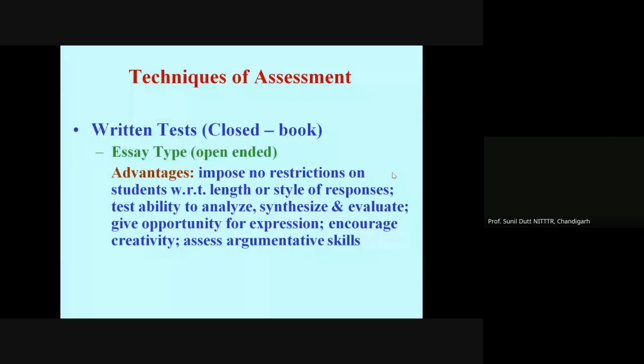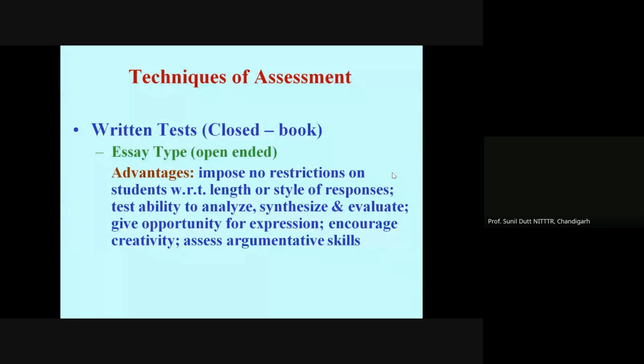Now here you are giving too much freedom, because here the student is free to select the information that he thinks is pertinent. The student is given freedom to organize the answer in accordance with his own judgment, and he is free to integrate and evaluate the ideas as he deems appropriate. So you have given a lot of freedom.